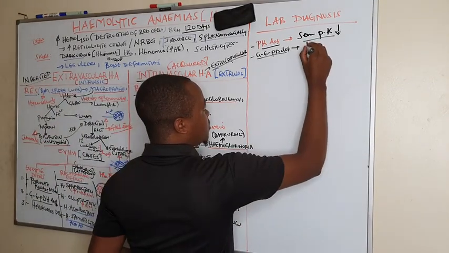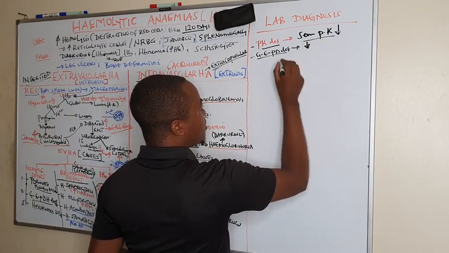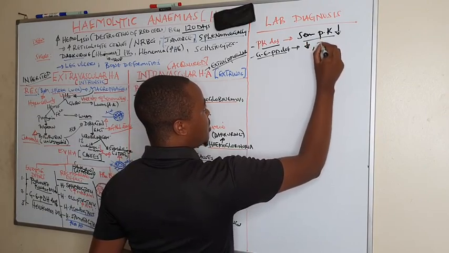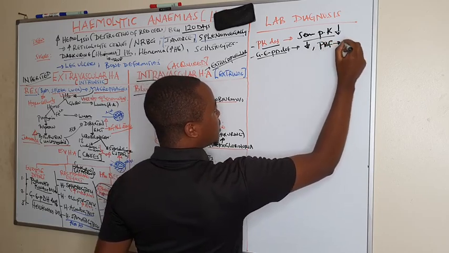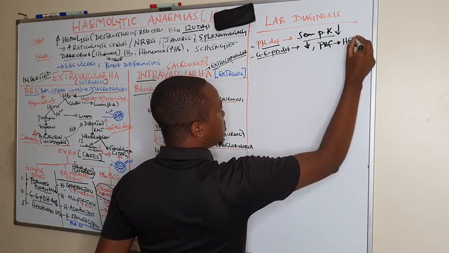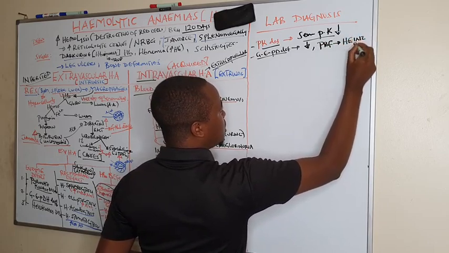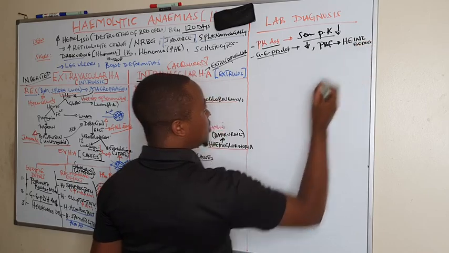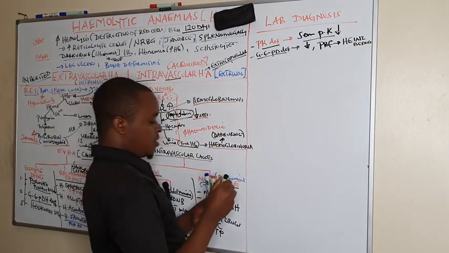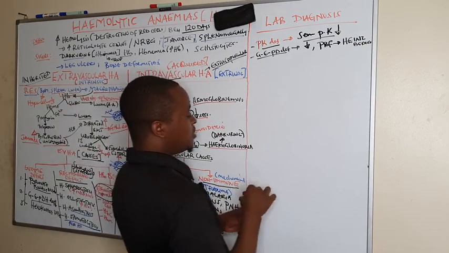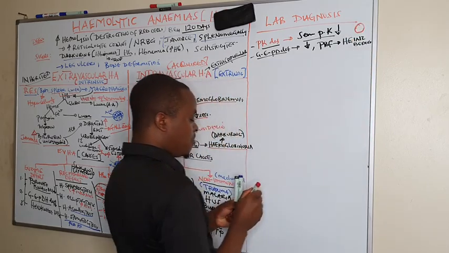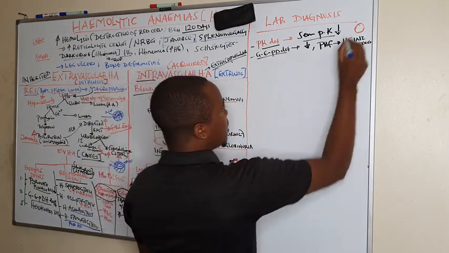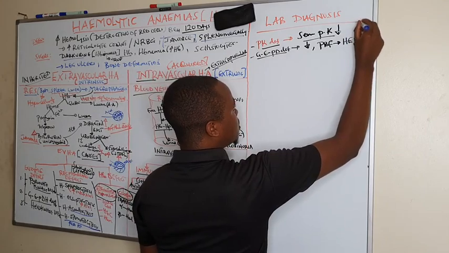and we find it is low, and we can even do a thin film under PBF. We are looking for presence of Heinz bodies. Heinz bodies are also present in this type of anemia, whereby with Heinz bodies, you find the red cell is surrounded by dark blue staining, protruding inclusions.